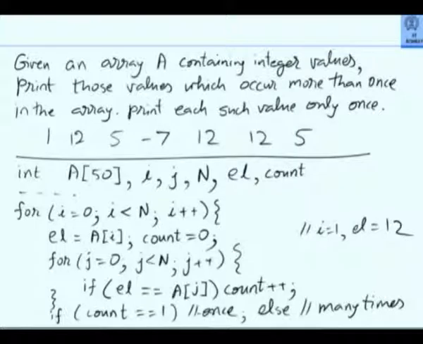Count is 1, it has occurred only once. If count is more than 1, it has occurred many times. I could simply say in my program here, if count greater than 1, then I will print that EL.